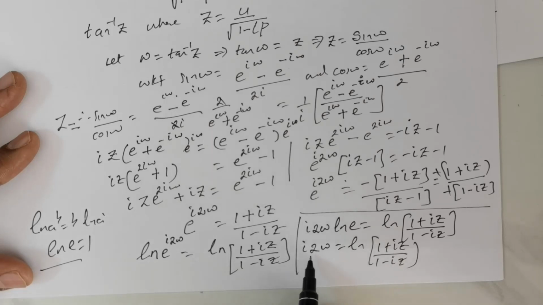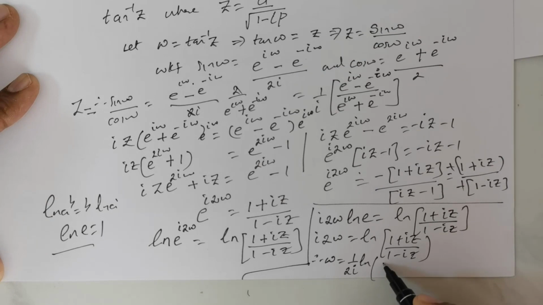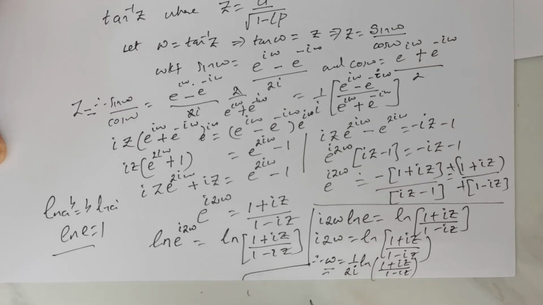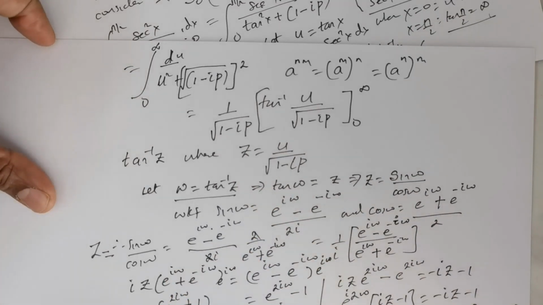Now I want to push this 2 times i down to the right side. Therefore, omega is equal to 1 over 2 times i times ln of 1 plus i times z divided by 1 minus i times z. Now why am I getting omega? I need omega because omega is actually tan inverse of z. Why do I need tan inverse of z?